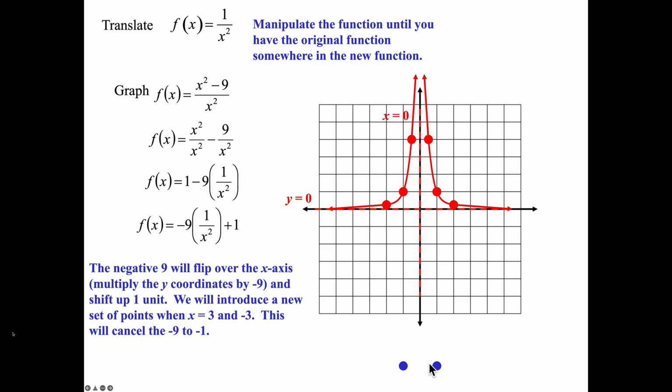These 2 points right here, that's this y coordinate of 1 being multiplied by a negative 9, which makes it negative 9. So 1, 2, 3, 4, 5, 6, 7, 8, 9. I'm way down here. No way in the world am I going to take that y coordinate of 4, multiply it by a negative 9, and try to graph negative 36 way down here. So that's why I need an extra point using x equals 3 and negative 3.